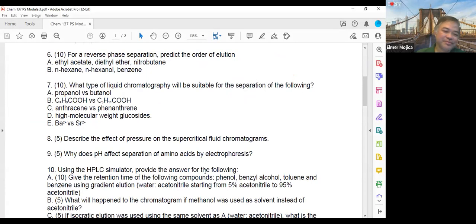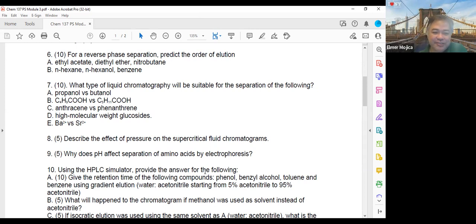Now here. So this is going to test your knowledge on the different chromatography that was discussed. Okay? What type of LC will be suitable for the separation of the following. So if you have 2 alcohol, or you have this, ano ba tawag dito?